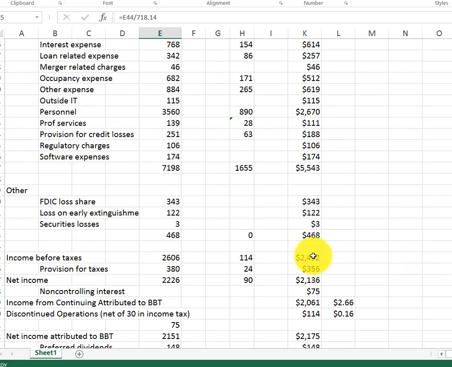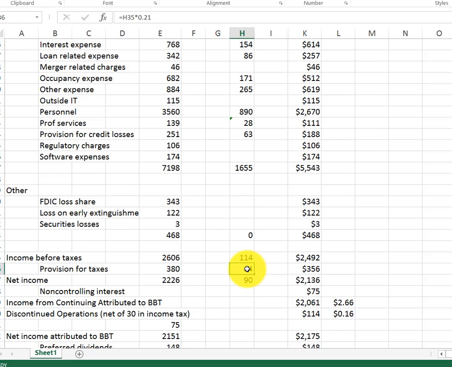all right, income before taxes. For all of the discontinued part, that's 114. So if we took the revenue for the discontinued minus the expenses for the discontinued, you get 114. The taxes on that would be at 21%.